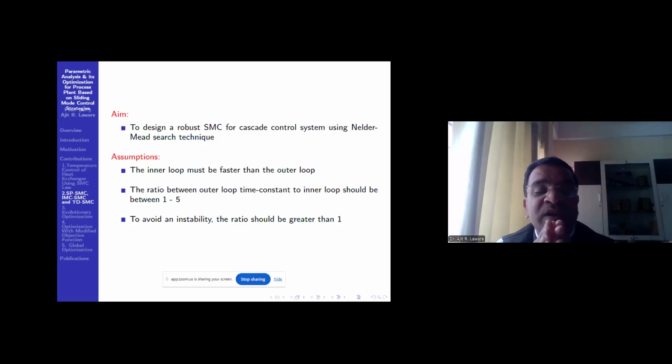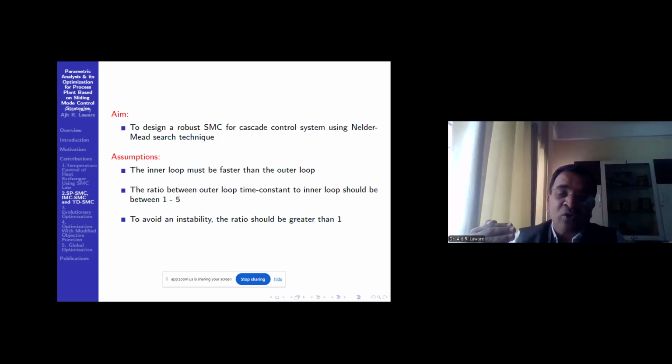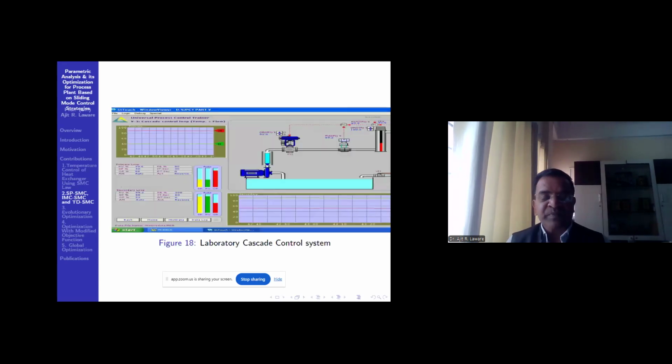Another one is the inner loop must be faster than the outer loop, and the ratio, meaning outer loop time constant to inner loop time constant, should theoretically be between 1 to 5, but practically it should be 3 to 5. And to avoid instability, the ratio should be greater than 1.